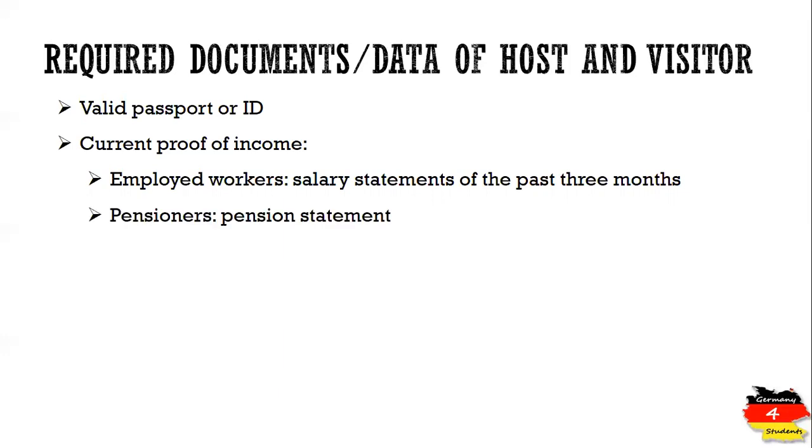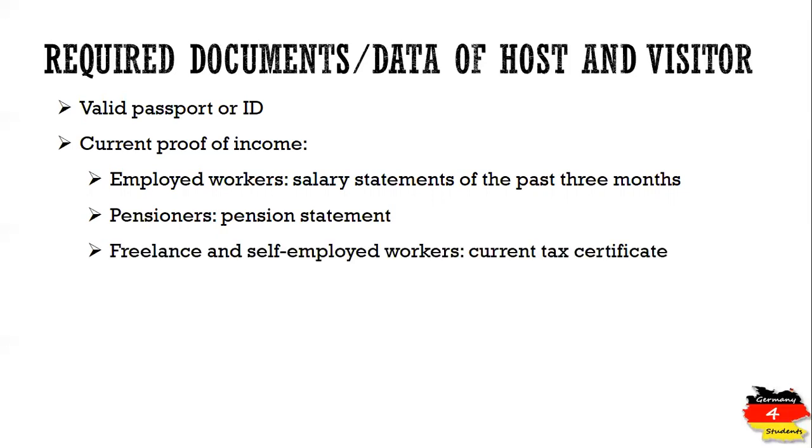If you are a retired person, your pension statement will be required. If you are freelancing or self-employed, your current tax certificate will be required. So these are the three things depending on your status.